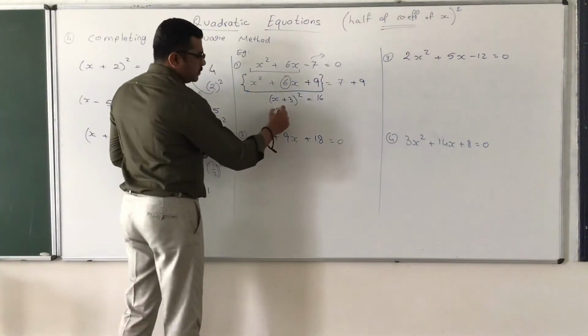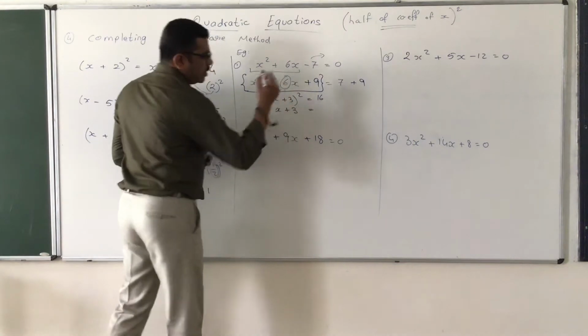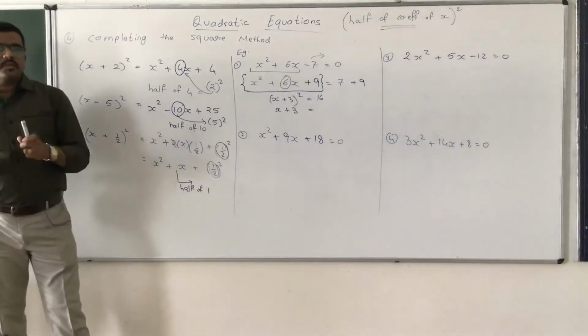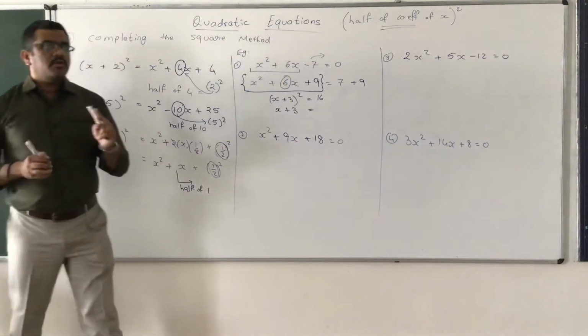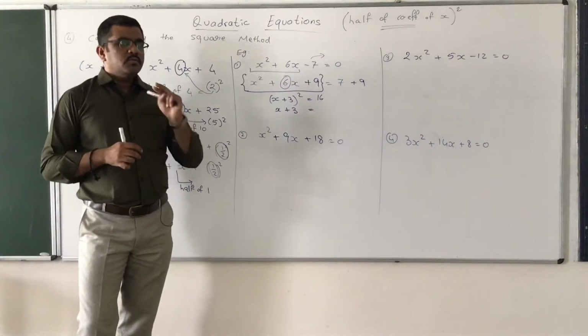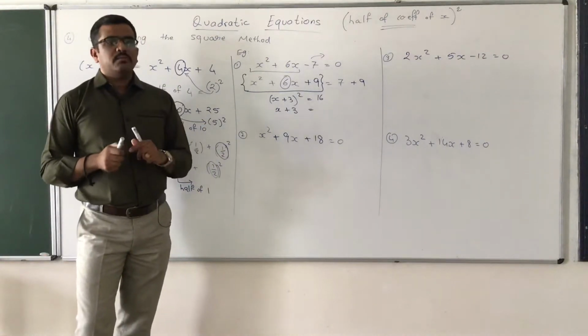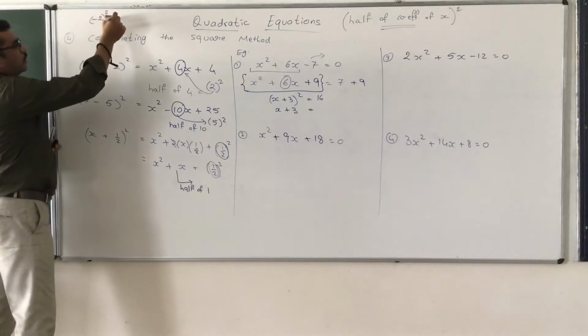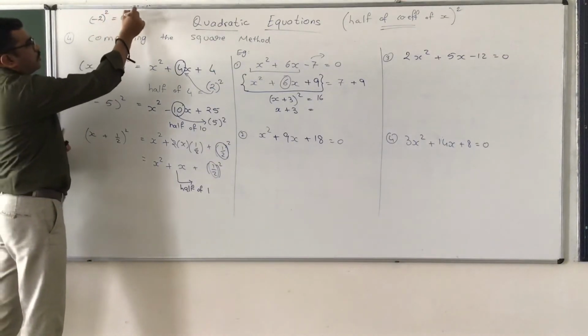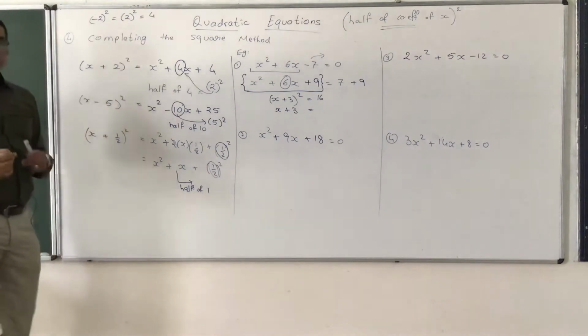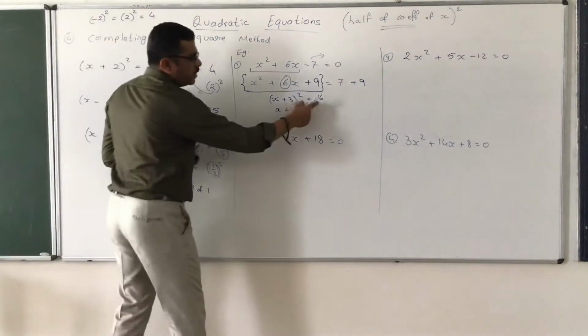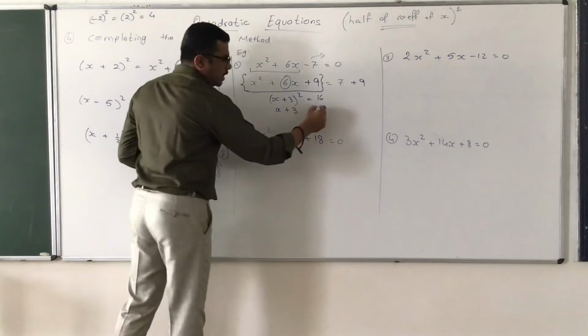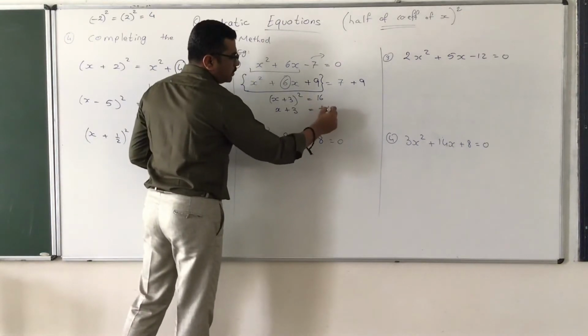So x plus 3 is equal to, now remember, square roots, there are always two numbers whose square is the same number. For example, square of negative 2 is same as square of 2, that is 4. So whenever we take a square root, always remember to take plus or minus.